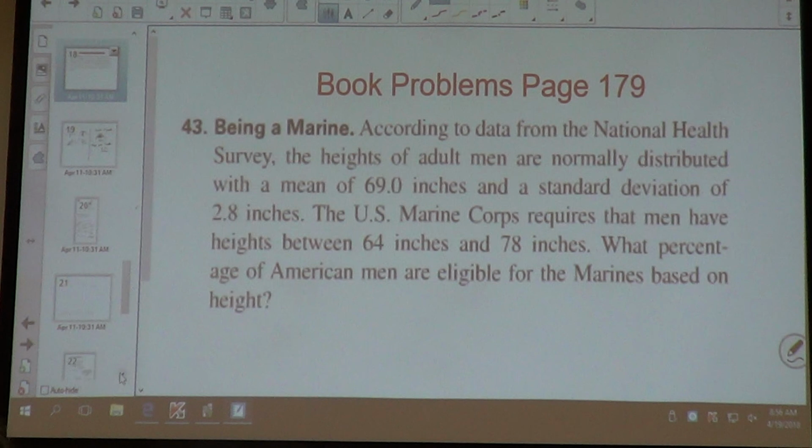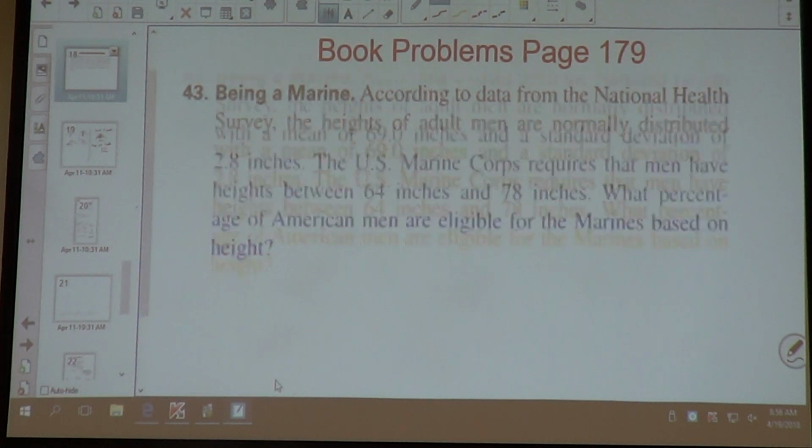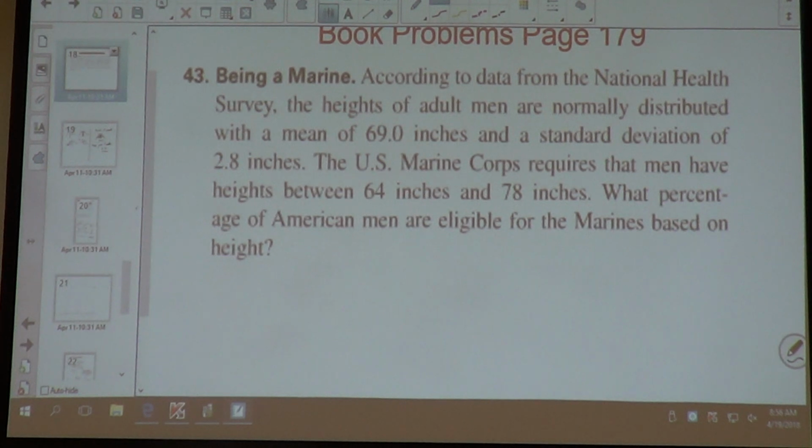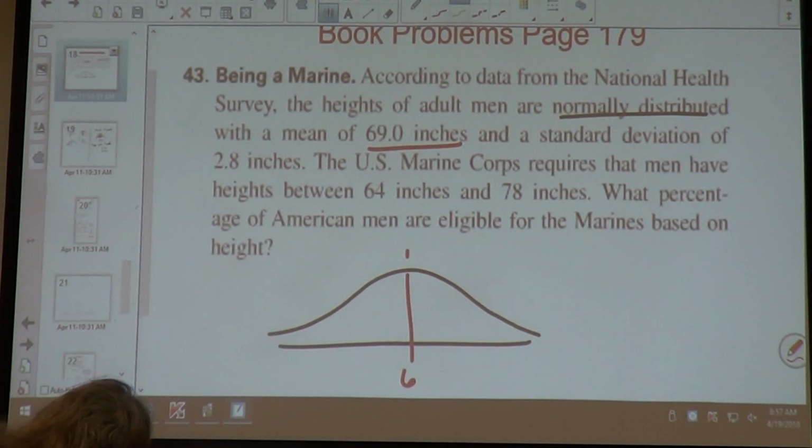72, and 3 of the 8 people have made net A's, not hundreds, but net A's. All right. For this one, it says we have a normal distribution. The mean is 69.